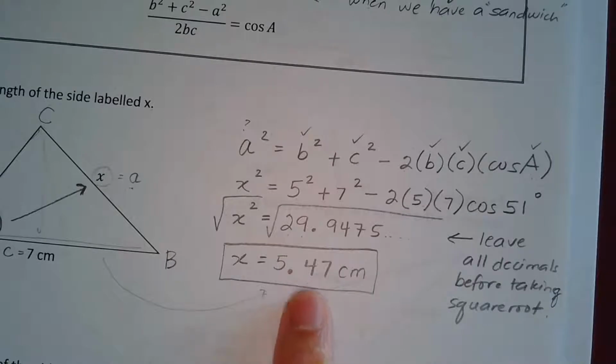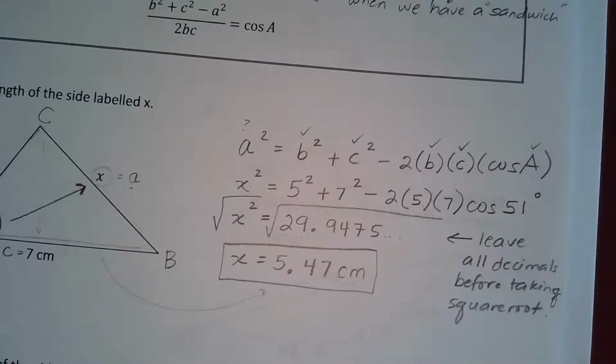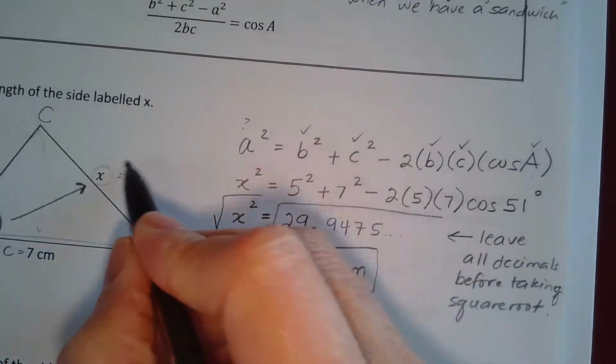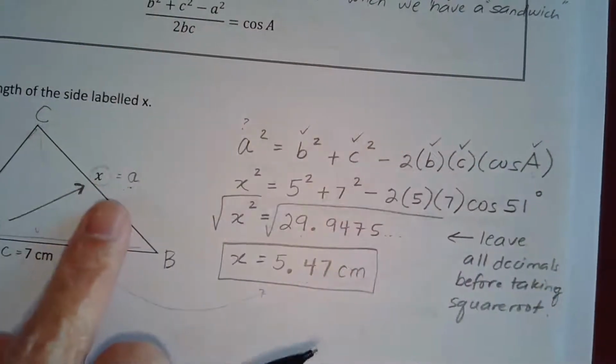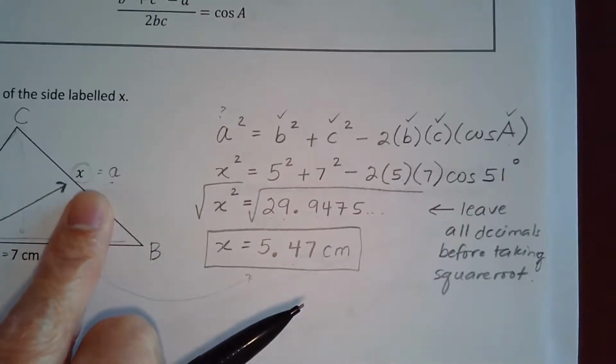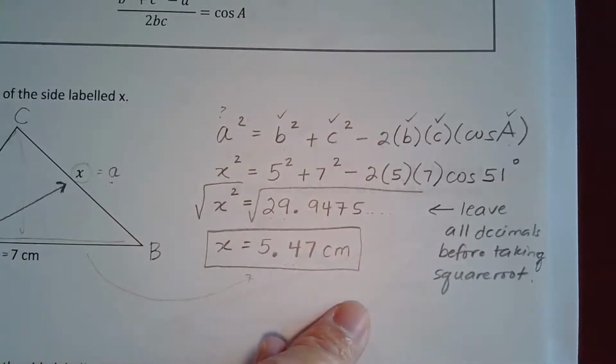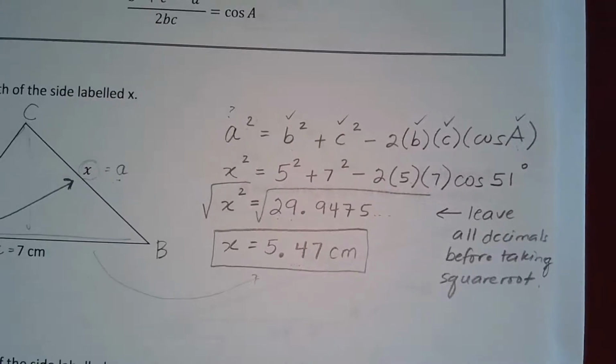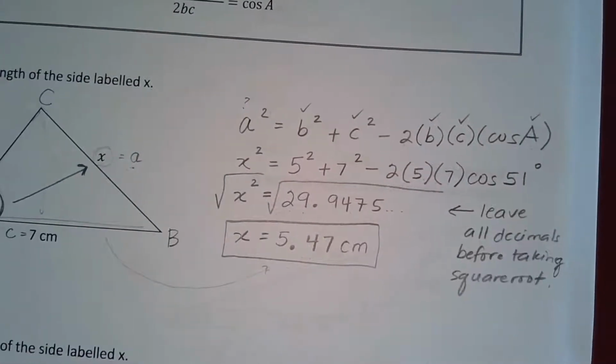The calculated answer is probably more exact compared to the measurement, 5.47. I just wanted to show you that we can figure this out by drawing our triangle, but it's not a fast, efficient way of figuring this out. We could do it with the calculated answer. So we're done example number 1.